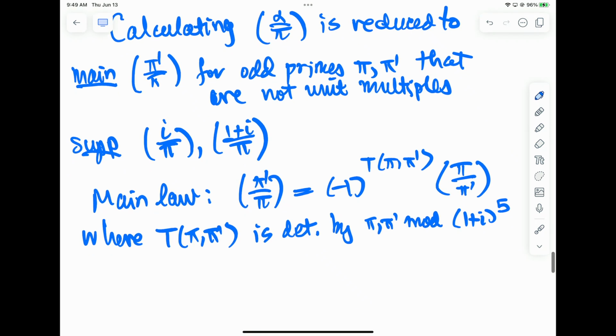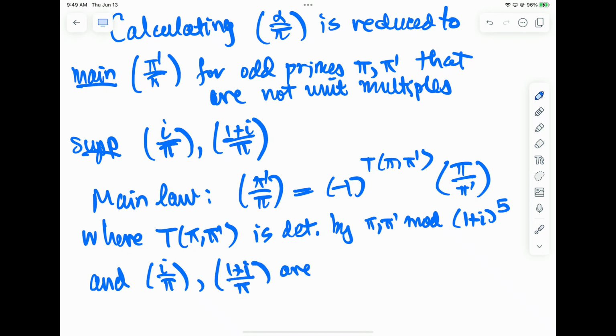And i on pi and 1 plus i on pi are also determined, for simplicity here, by pi mod 1 plus i to the 5th.